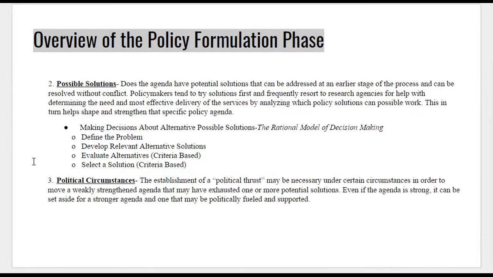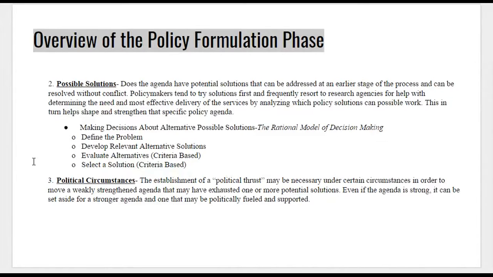In addition, political circumstances aid an agenda to legislation also. If there's enough of a drive or force, and enough public opinion and enough interest groups, for example, the president or other political figures might have a better chance at driving a policy through, an agenda into policy.